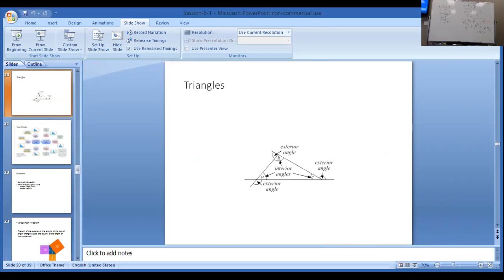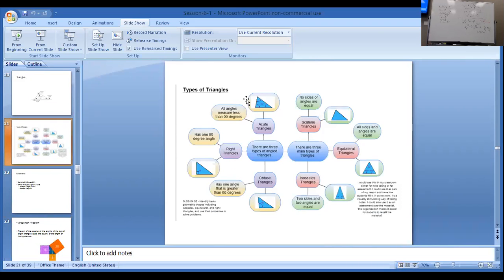Then we have the triangle. A triangle has 3 sides. You have interior angles, and then you have exterior ones. Basically, we have different types of triangles, and we can divide them based upon their angles or their sides.